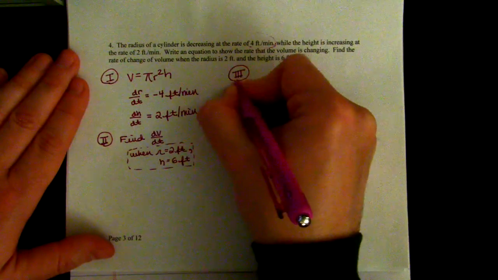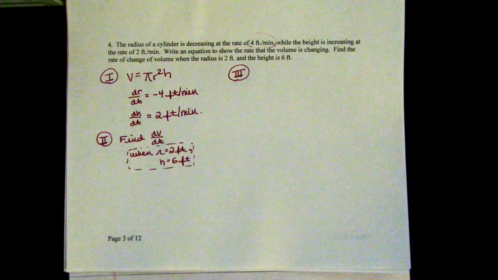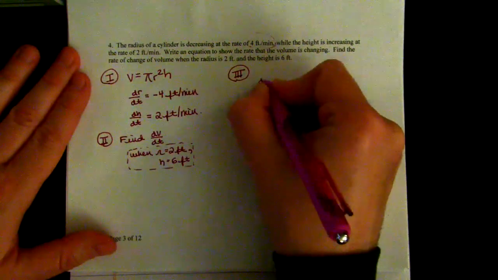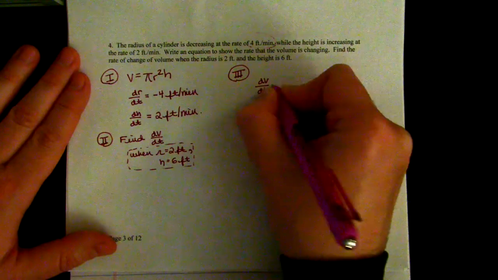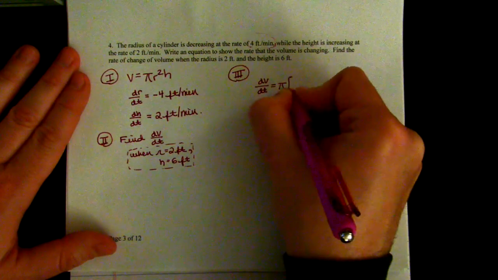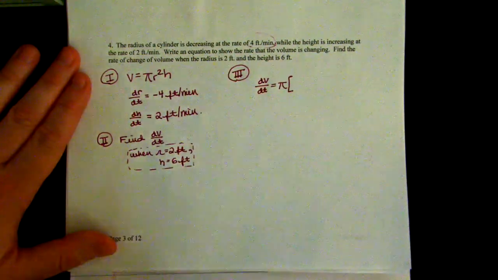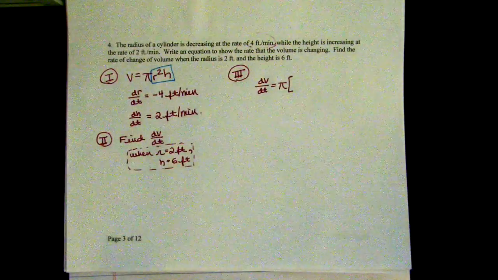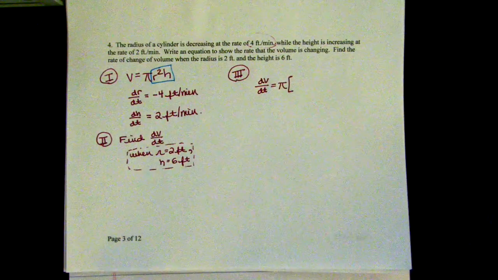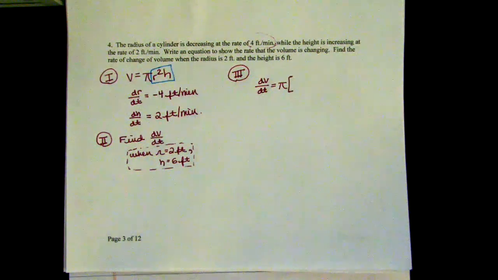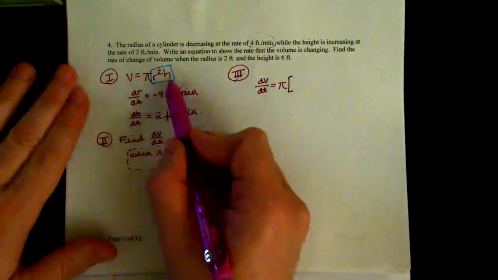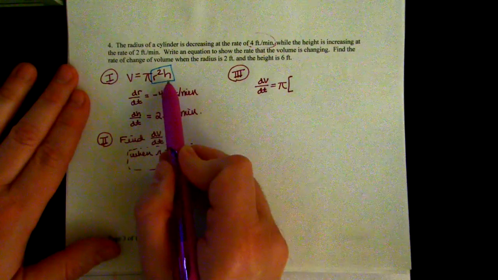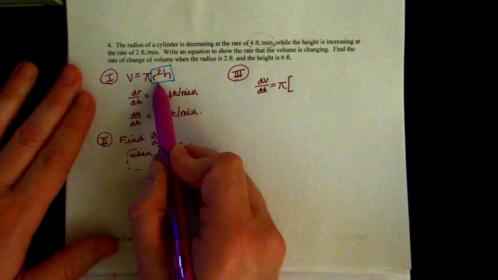Part 3, I need to do my derivative, and we've got to be a little bit careful over here. The derivative of v, dv dt, equals pi times. If I want to do the derivative of this product of two variables, I have to use my product rule. r squared times h, I need to do my first times derivative of the second plus second times derivative of the first.